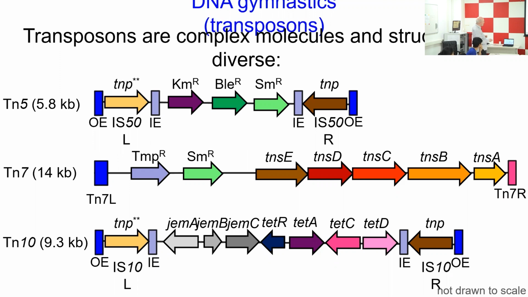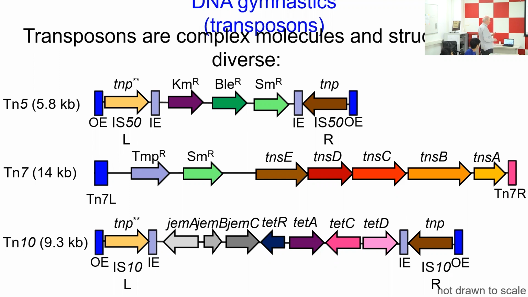And as was the case with Tn5, the insertion sequence to the left happens to have a transposase that is inactive, whereas the one to the right is active. So this is a structure that you can find in many naturally occurring transposons. You have something to the left, something to the right, and then something in between. The difference here is that you have other antibiotic resistances.